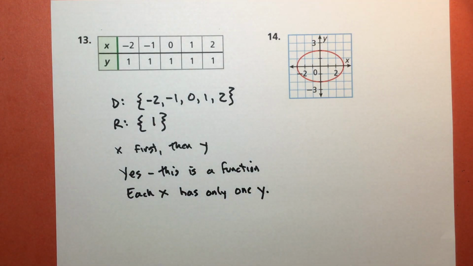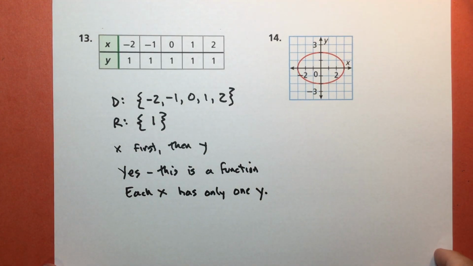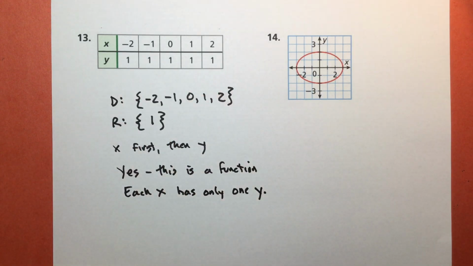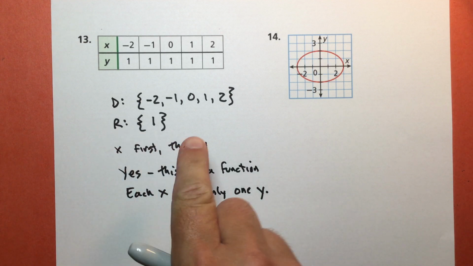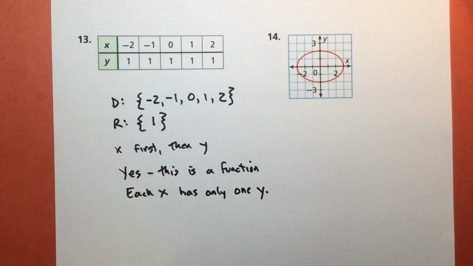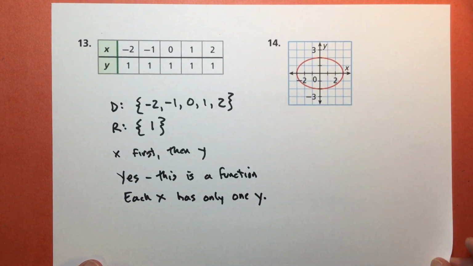Part of the problem with this one is that each y has more than one x. That's why it's important that we go from the x to the y, not from the y to the x. We don't have to worry about that until later when we talk about inverse functions. Just a little bit of knowledge: this is what we say is not one-to-one. However, is it a function? Yes, it is a function. It is predictable.